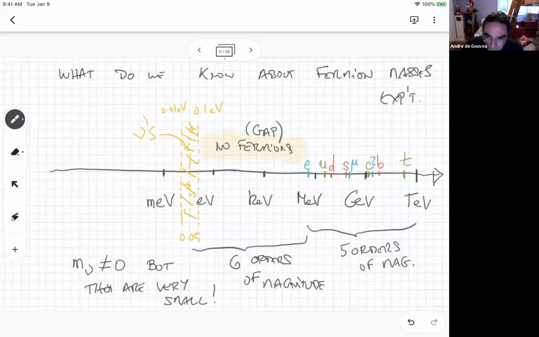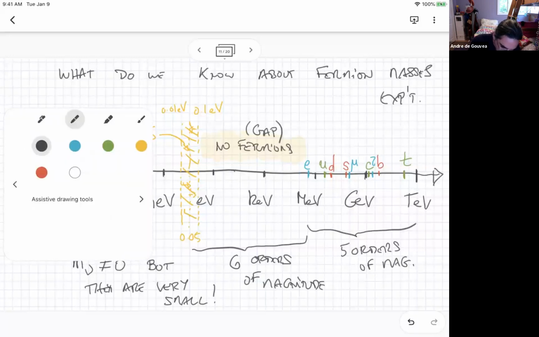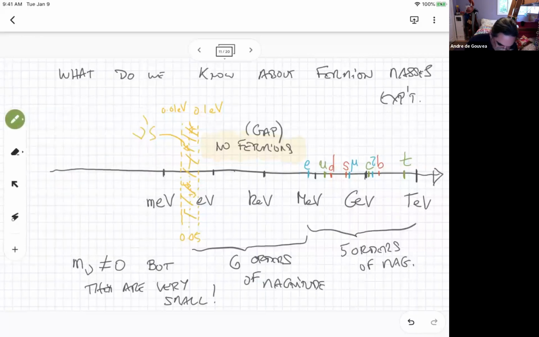But I think it's important to appreciate how different the neutrino masses are. And this is kind of a big deal. I think the message that people really believe in is that neutrinos are different. And the reason they're different is because their masses look weird.